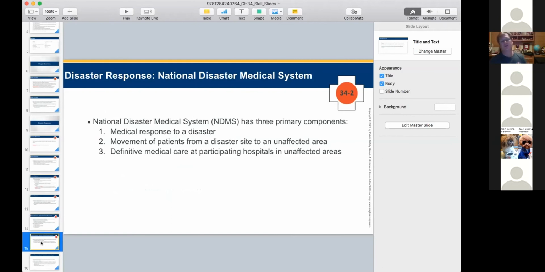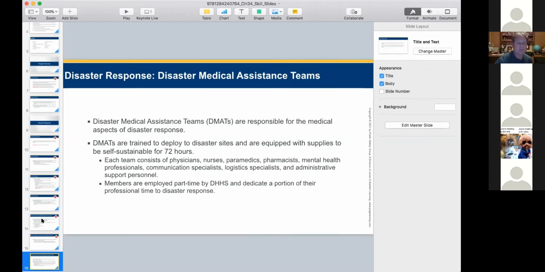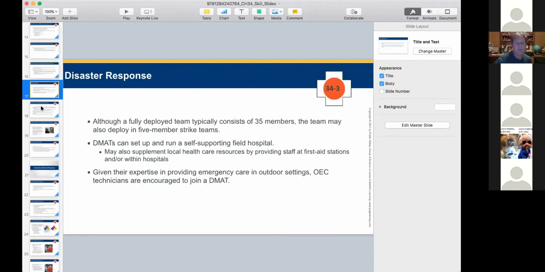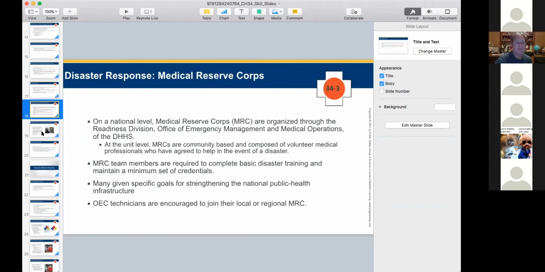It's more administrative stuff. National Disaster and Medical System, again, medical response to disasters, movement of patients from a disaster-affected area. A lot of this stuff has nothing to do with you guys. If I see something that I think should be on the test or might be on the test, I'll throw it out there.